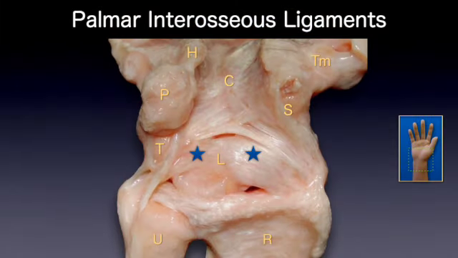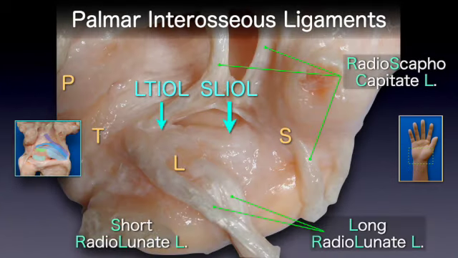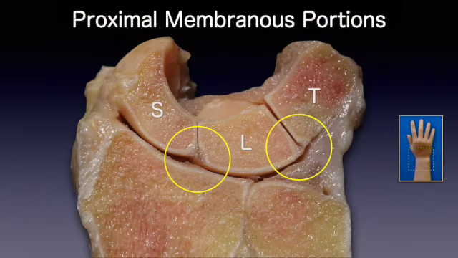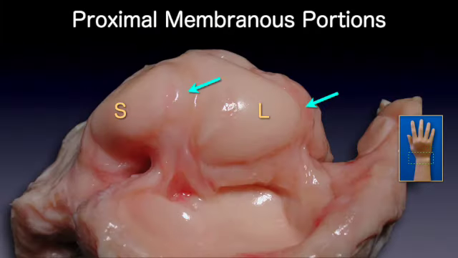The palmar interosseous ligaments are also hidden behind the thick palmar capsular ligaments and can be observed after removal of these ligaments. The proximal membranous portion of the interosseous ligaments seems to indirectly conjoin with carpal bones mediated by cartilage and helps create smooth conjunctions between the scaphoid and the lunate and between the lunate and the triquetrum.